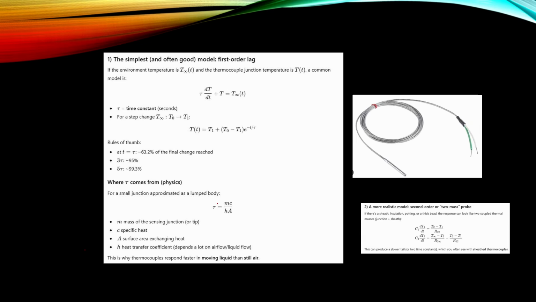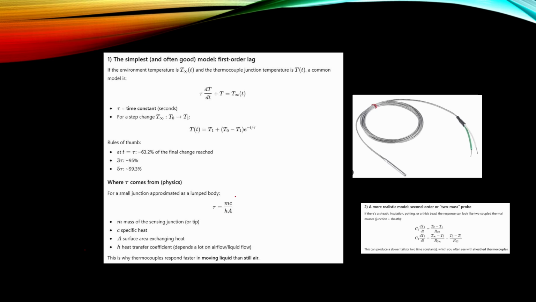Here we have a function for this time constant. It is the mass of the thermocouple tip, inside which is the measurement junction, times the specific heat of the material divided by the convective heat transfer coefficient times the surface area of that measurement tip.